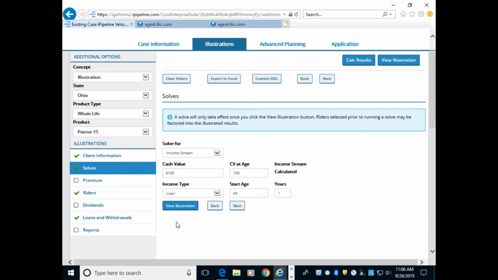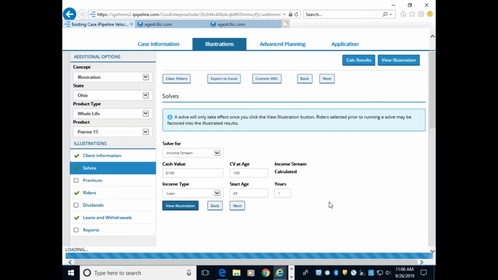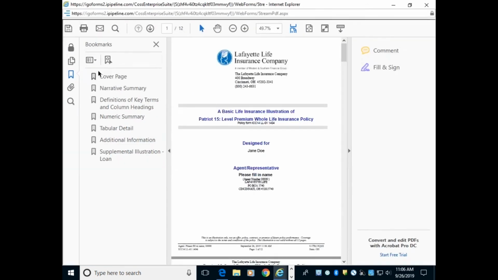Once you have those parameters filled in, you can select view illustration either from the top or the bottom of the page, and your illustration is going to generate. When you request a loan, you'll get this extra page labeled Supplemental Illustration Loan. If this page doesn't show up, that means that something was done wrong in your request, or it just can't happen.